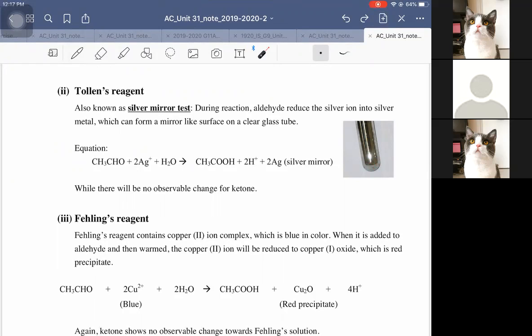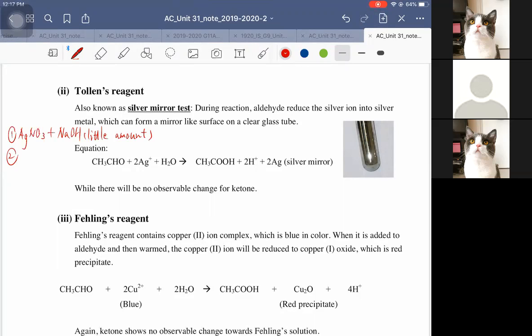And for the Tollens reagent, when we prepare it, it happens in two steps. So the first step, okay, this is not compulsory, just for your information. So the first step, you add silver nitrate together with a very small amount of sodium hydroxide, a little amount. And then it's going to form some precipitate.